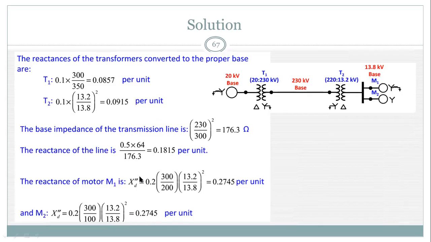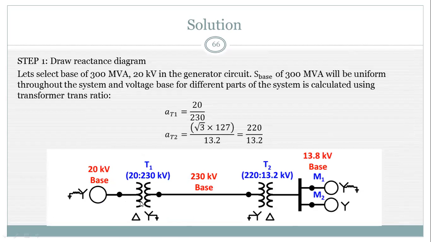Now there is a transformer T1, primary delta, secondary Y grounded. So there should be an open circuit from primary to secondary, and on the secondary portion there will be a zero sequence impedance connected to the ground. Then this is the high voltage transmission line impedance.